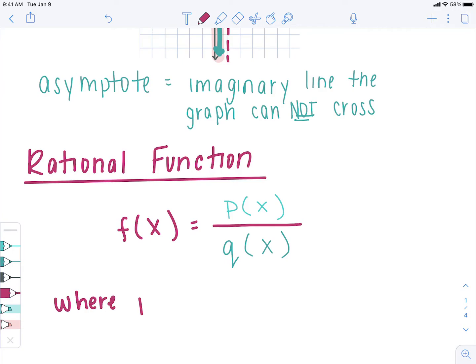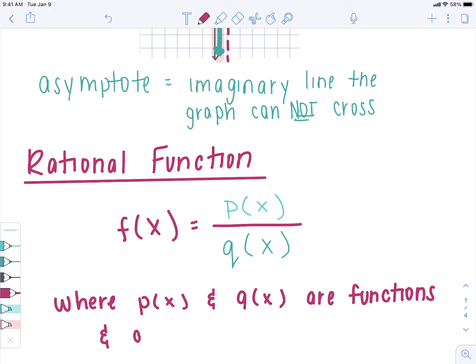Where p of x and q of x are functions and q of x does not equal 0. So that's our mathematical way of saying it's going to be our functions that look like fractions.